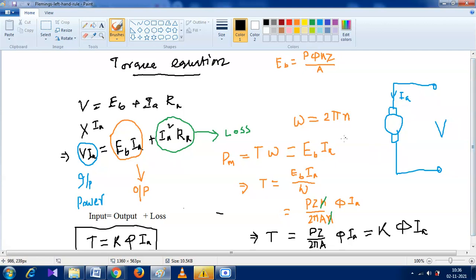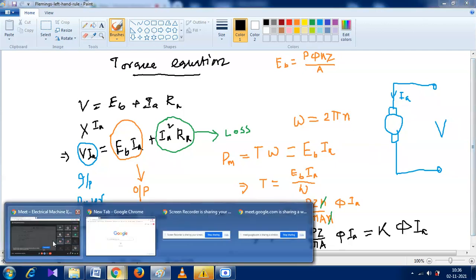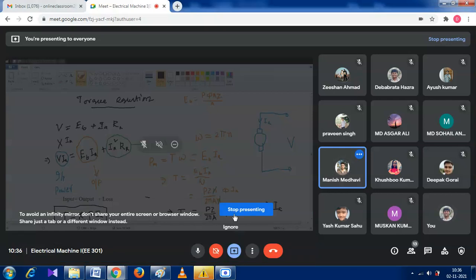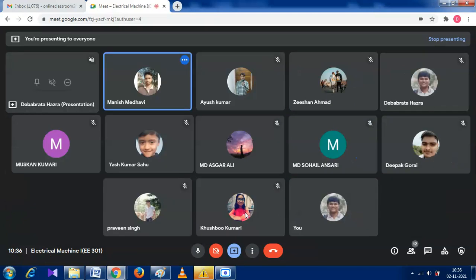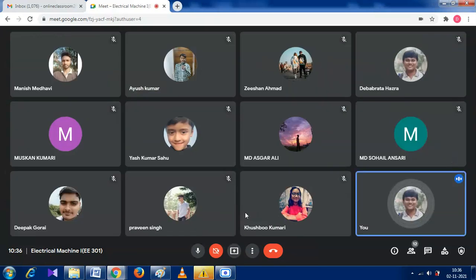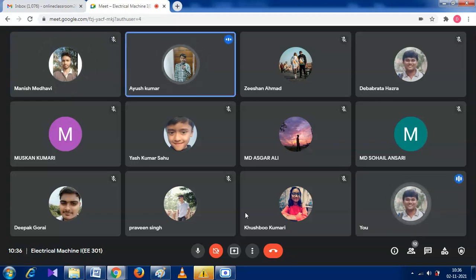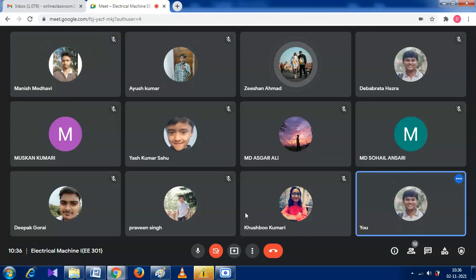Then we move to the attendance part. Manish, present sir. Ayush, present sir. Jishan, present sir.